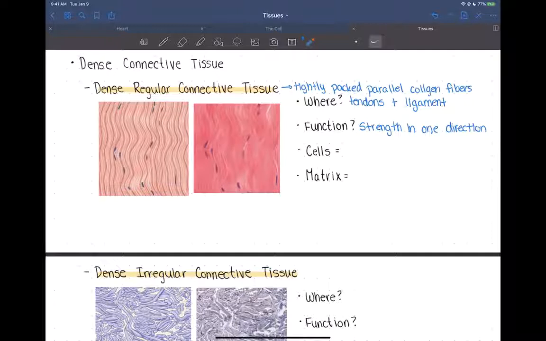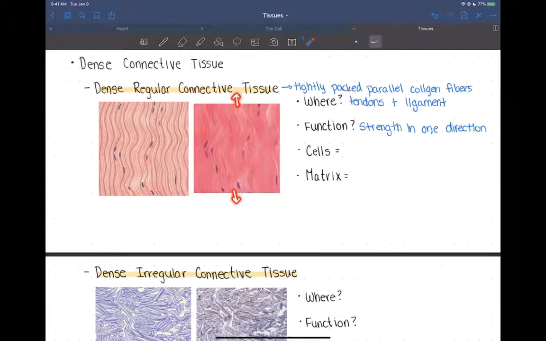All right, and the reason this tissue usually looks wavy, and this helps I think in lab a lot, is because in lab it can look very similar to smooth muscle, but smooth muscle doesn't have this wavy characteristic. Normally when this tissue is intact, it's pulled taut, attached to the bone on one end and muscle on the other, kind of like a rubber band.